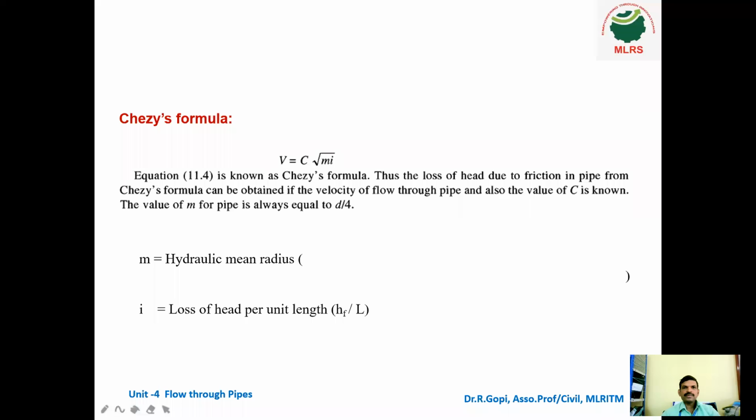It is area divided by perimeter. Area means pi by 4 into D square for a circular section, divided by perimeter, which is pi D. Cancelling, we get D by 4. This is the hydraulic mean radius formula.